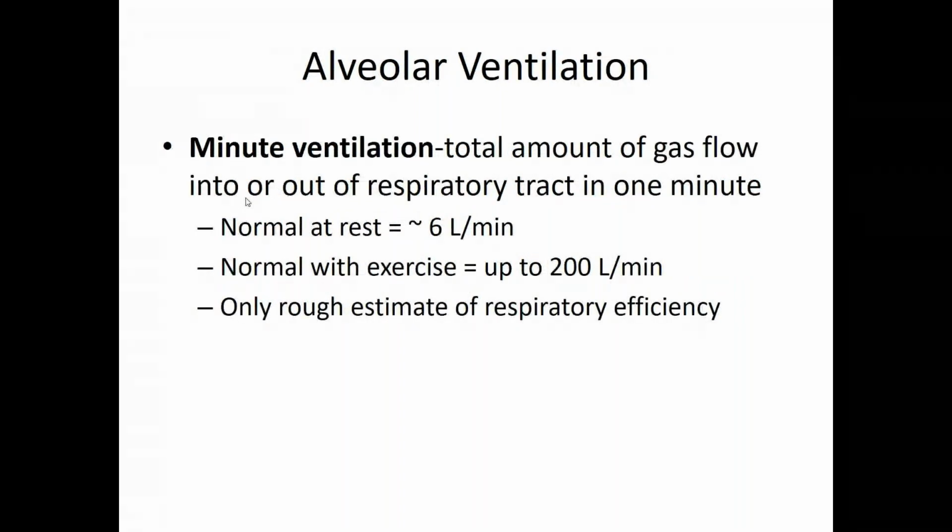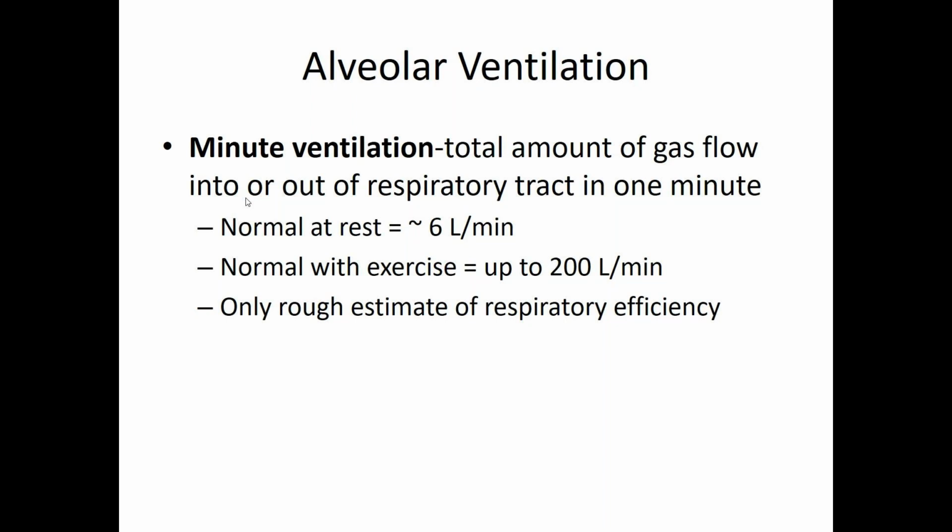Another way to get around this is to look at alveolar ventilation. By this, we're going to measure what's called minute ventilation. This is the total amount of air that moves in or out of you in 1 minute. The simplest way to do this is to take your tidal volume and the number of breaths you take in a minute, and from there, we end up with your minute ventilation.